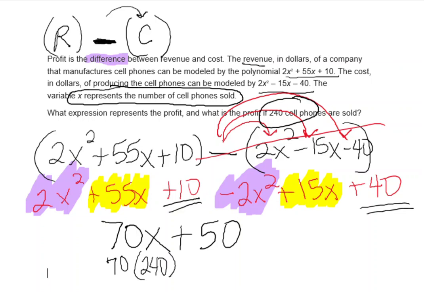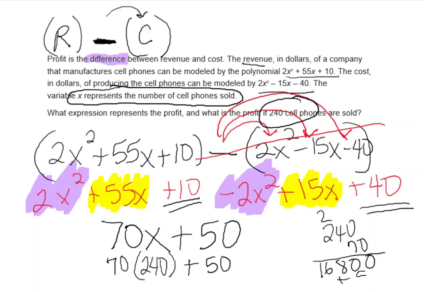Multiply by 70, because multiplication comes first before addition, and then add 50. So 240 times 70 is 16,800, and then add the 50, so 16,850. That's the profit if they sell 240 cell phones.